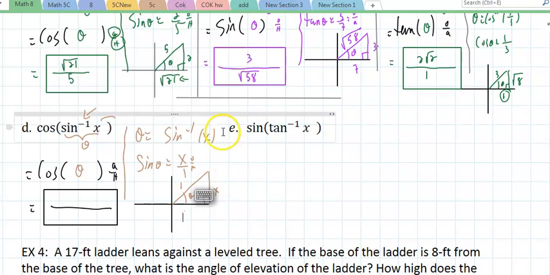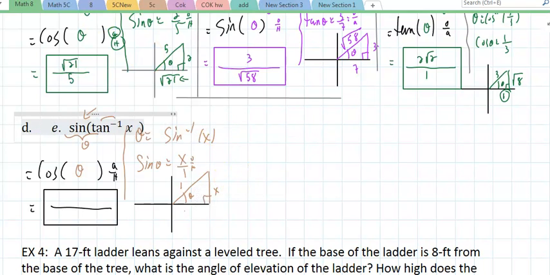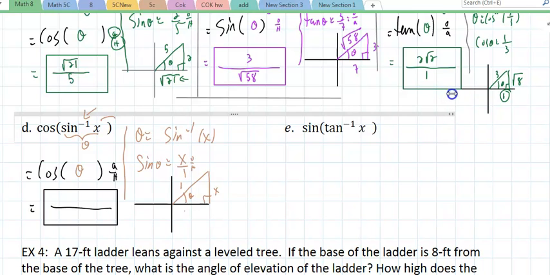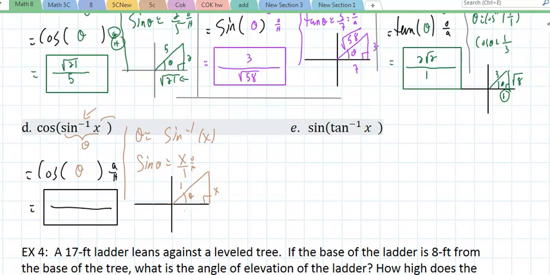You would say 1 squared equals x squared plus a squared, and let's call this a. 1 minus x squared equals a squared. If I square root both sides, a equals plus or minus the square root of 1 minus x squared. In this quadrant, a is positive.